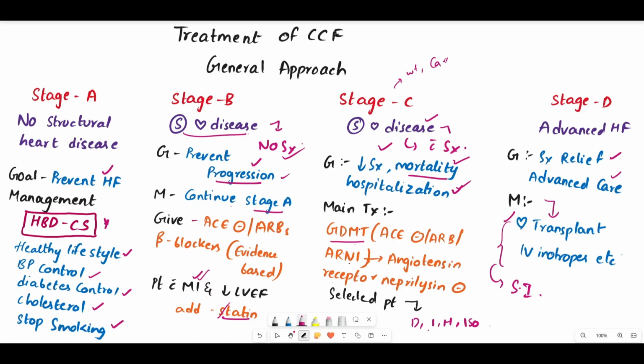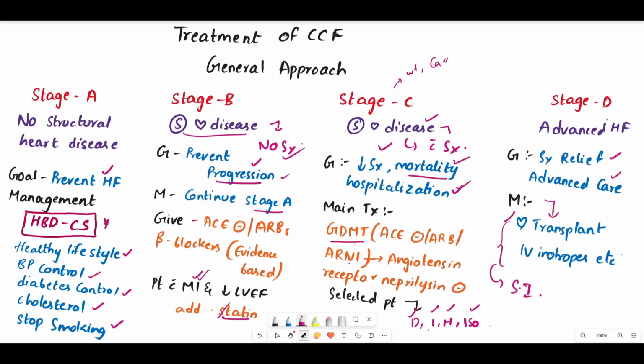In this, the patient will be receiving any of these 3 drugs: ACE inhibitors or ARBs or ARNI. So any one of these 3 will be given. ARNI is the new drug, that is angiotensin receptor neprilysin inhibitors. Coming to selected patients, some drugs like digoxin, ivabradine, hydralazine or isosorbide dinitrate will be provided.